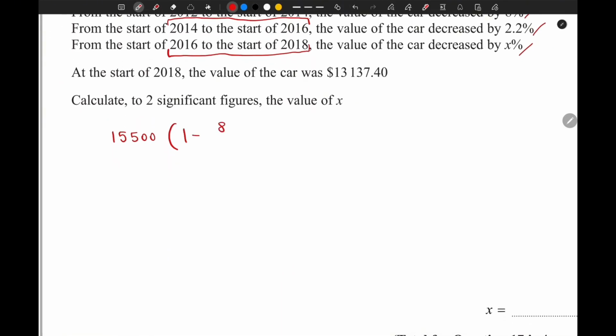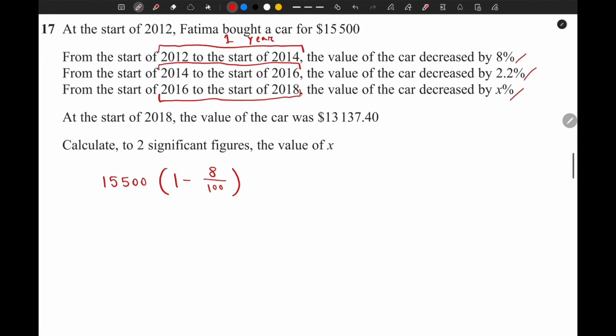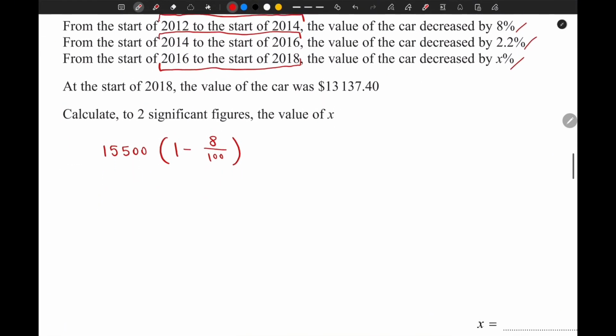So it would be 1 minus 8 over 100. There is a minus sign because it decreased. If it increased, it would be a plus sign. And since this is 1 year, it would look like this. If it was 2 years, there would be a square over the top. All right. So this is for 2012 to 2014.